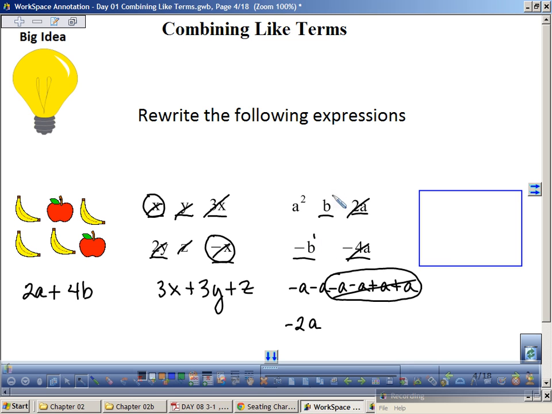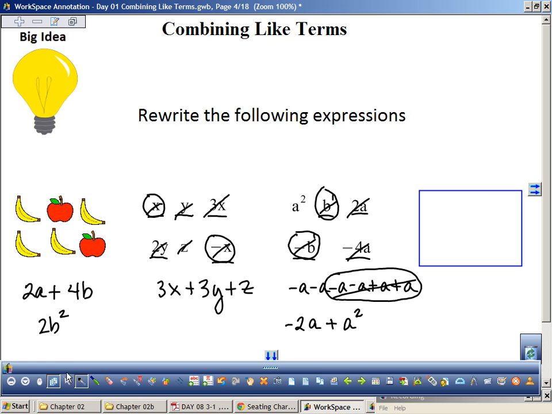Isn't that to the power of 1? We just don't normally write it like that, right? Well, when we combine negative b and positive b, they cancel each other out. And all that's left over is a squared. Right? I wouldn't take 2 bananas and call those 2b squared. Right?